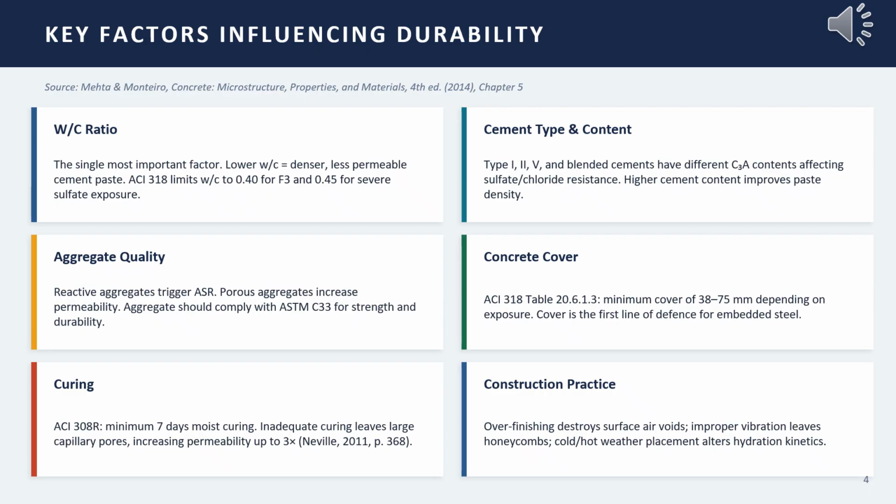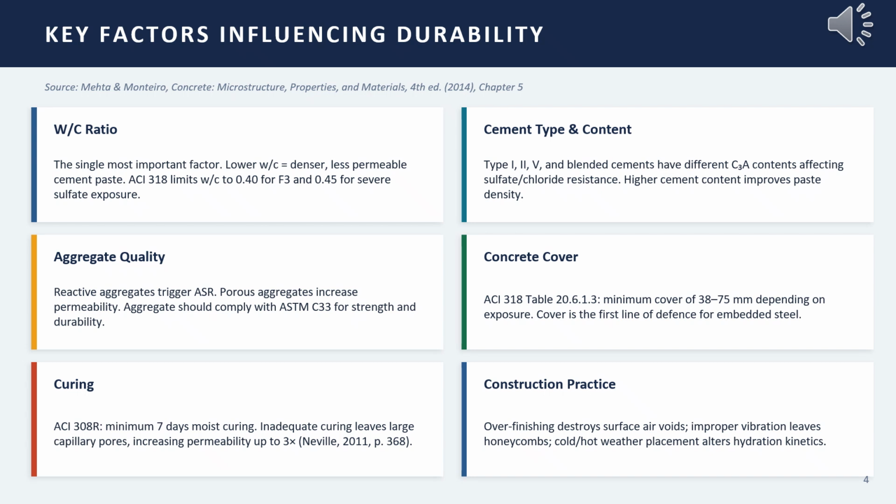A lower water cement ratio produces a denser, less permeable cement paste. ACI 318 restricts water cement ratio to 0.4 for the most severe freeze-thaw and sulfate exposure classes and 0.45 for moderate ones. We'll see exactly why in a few moments when we look at permeability data.